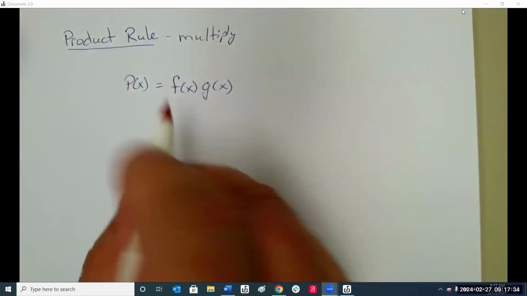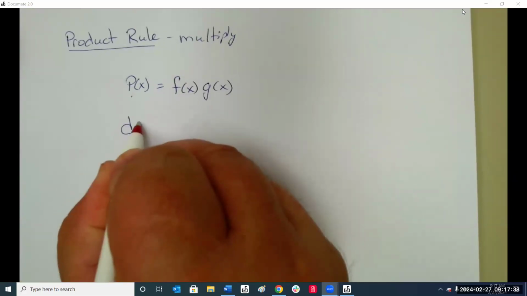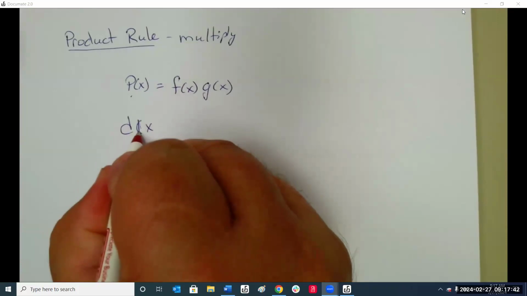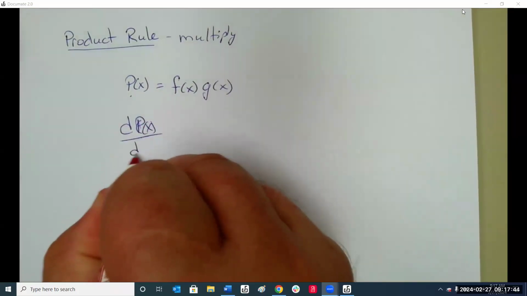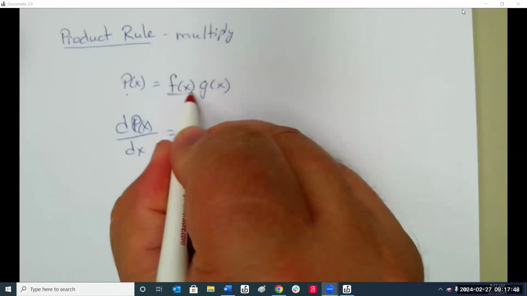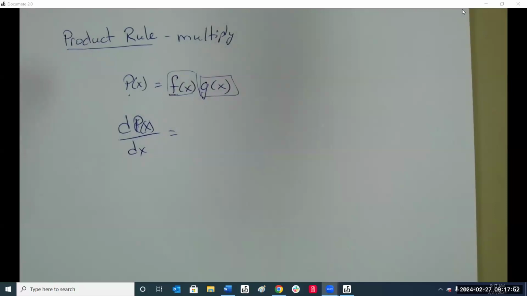So what this says is the derivative of this function, the derivative of p of x over dx. We have to take both of these separately. We have to look at one of them and the derivative of the other.